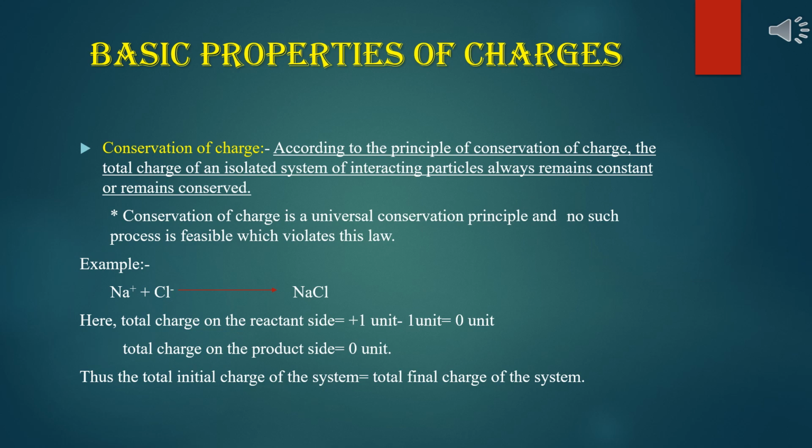Individually the charge of a particle or a body may change, but when we take the overall system comprising all such particles and bodies, that overall system will have a constant charge no matter what happens to it. Whichever change is there, the overall charge must remain constant.